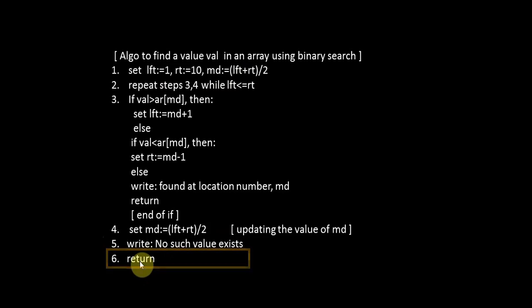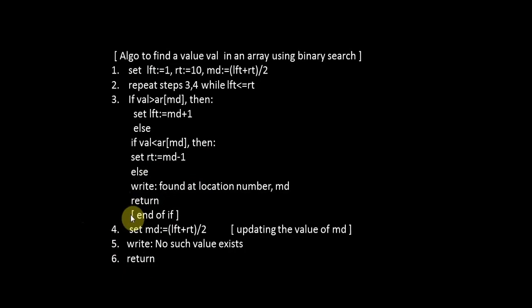Let me again tell you one thing: if we are successful in our search and the element has been found, then somewhere along the execution of the loop, this else statement would be executed, the found message would be printed, and return will take the control back to the main algorithm. The control is not bound to go to step number 5 or 6.